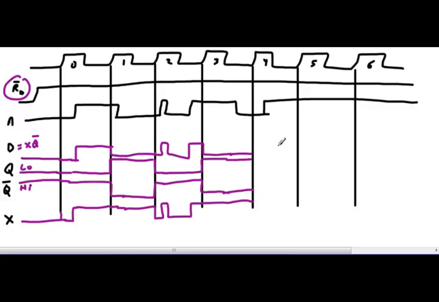D is low, so Q goes low, Q naught goes high. A is low, Q is low, X goes low, so D stays low.